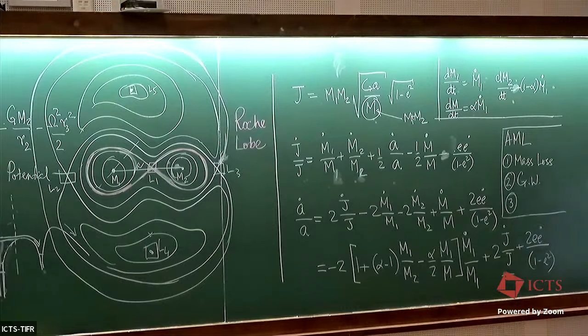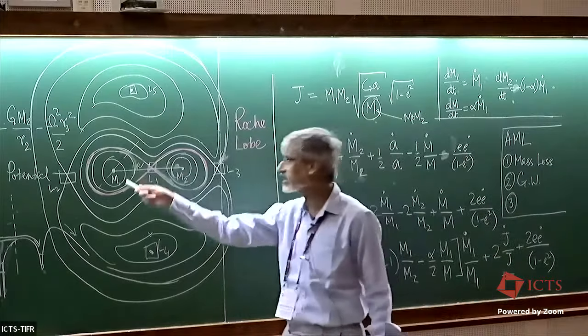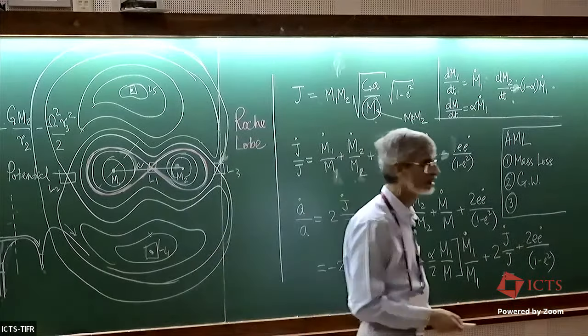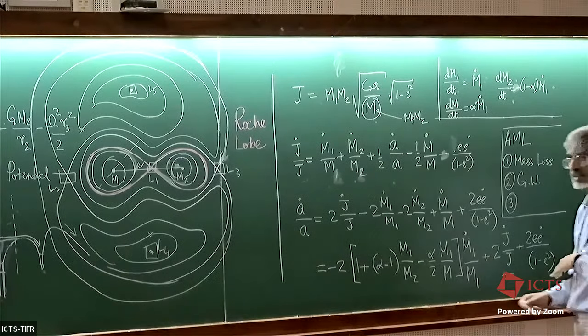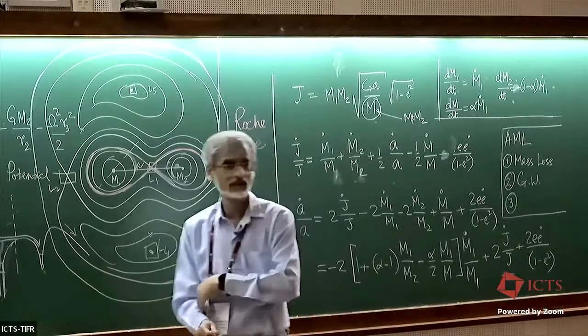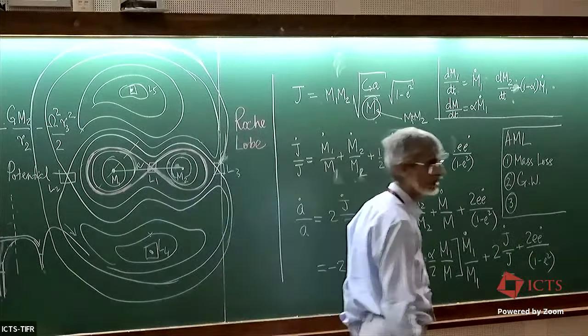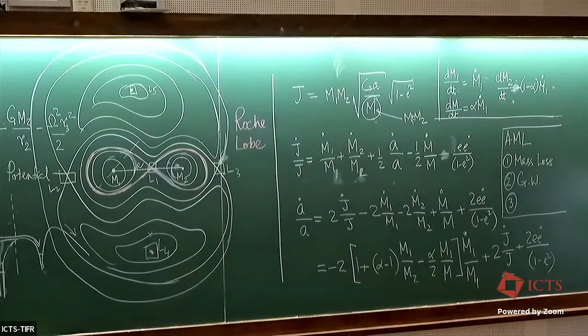So if the star is spinning faster than the orbital period, then angular momentum is going to be pumped into the orbit due to this tidal interaction. And we see this happening right here. The Earth-Moon system, the Moon has already locked its spin to the orbital period. The Earth hasn't.